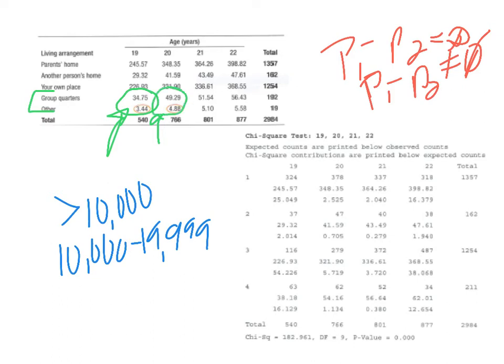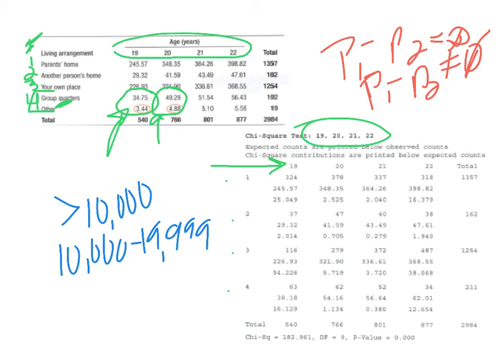Make sure when you're reading this data, if you look across the top, you see your 19, 20, 21, 22. That's our age groups. And then the 1, 2, 3s, and 4s: parents' home, another person's home, your own place, and then 4 would be the group other combined.